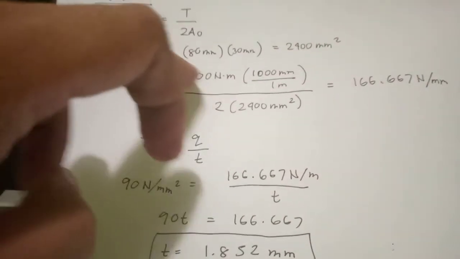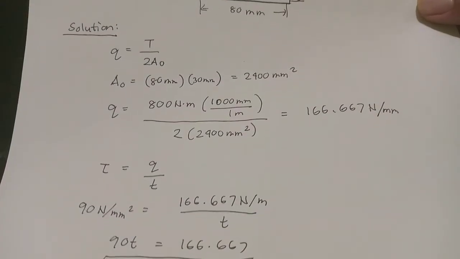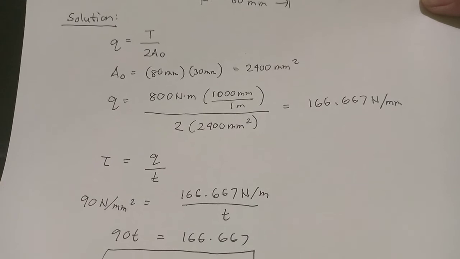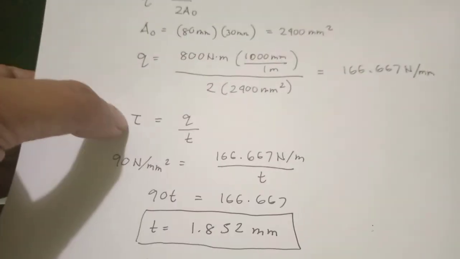So we substitute, and we have computed the value of q, the shear flow, as 166.667 Newton per mm.